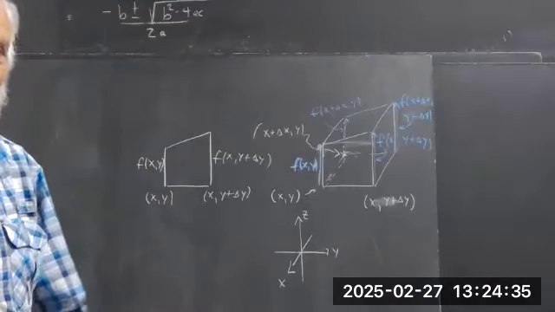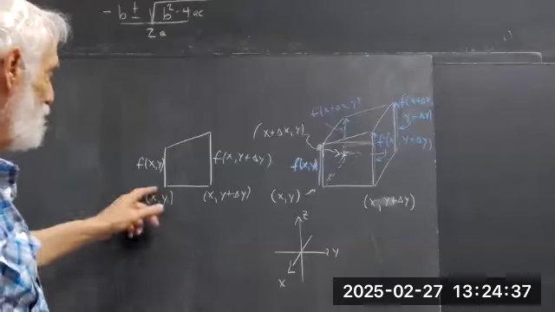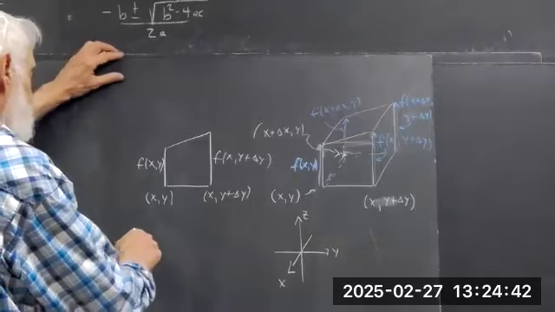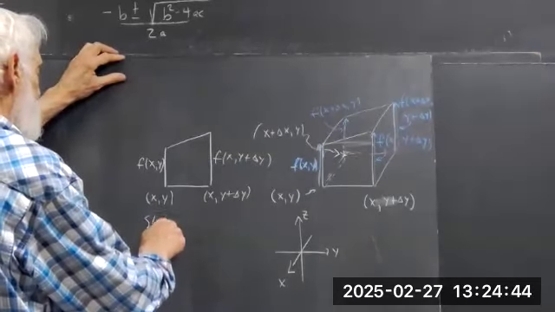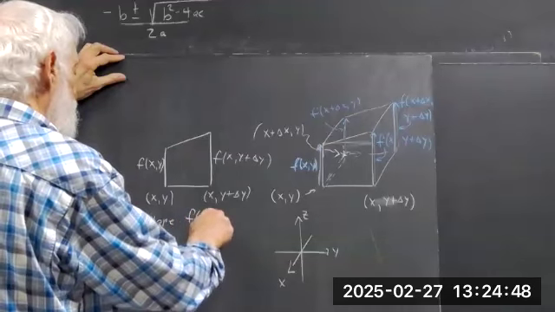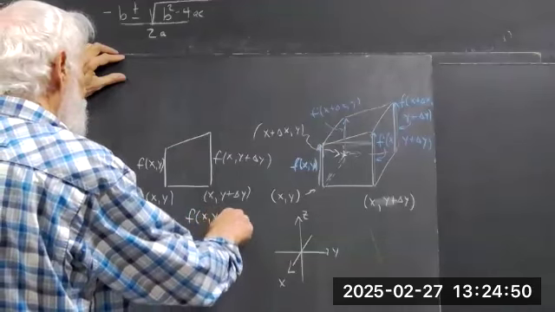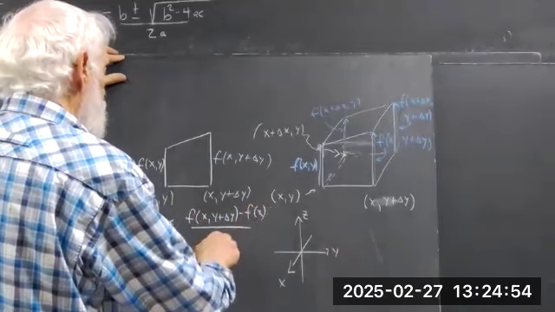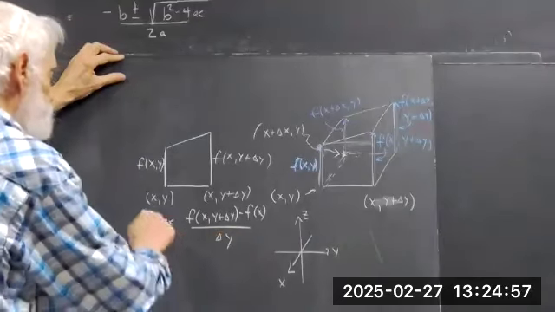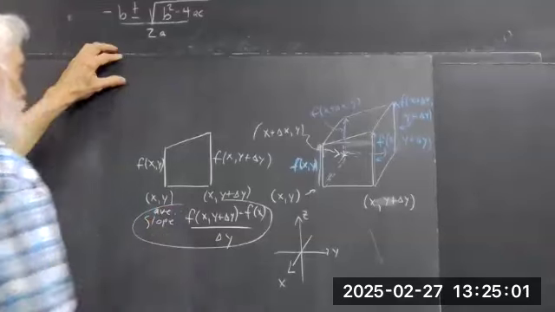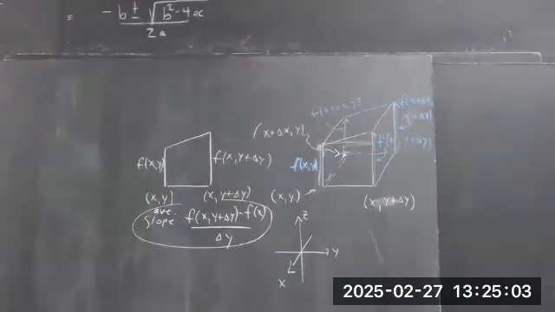But if you are, become less inclined and use the delta y, because now the slope is the change in f over delta y, and this is the average slope because some of these things are a bit curved.